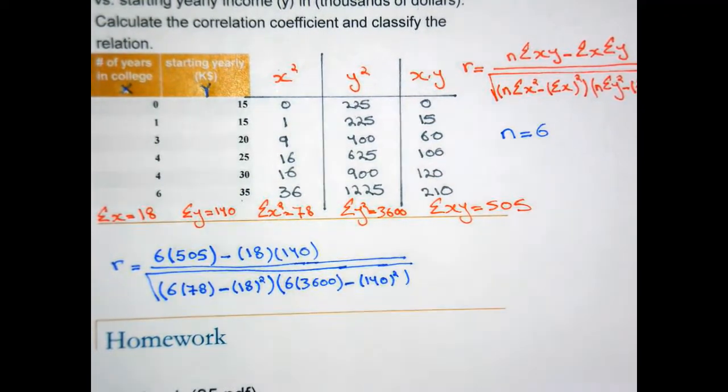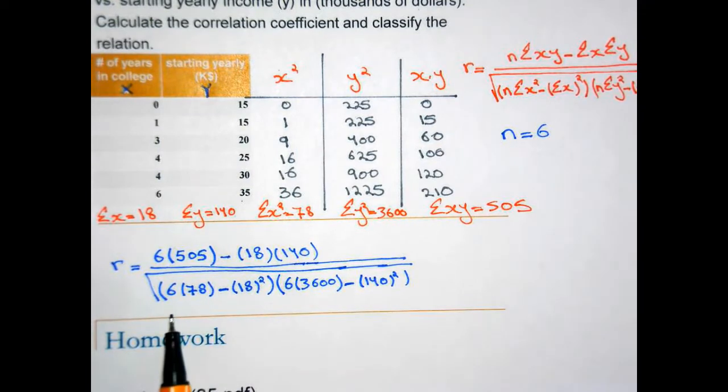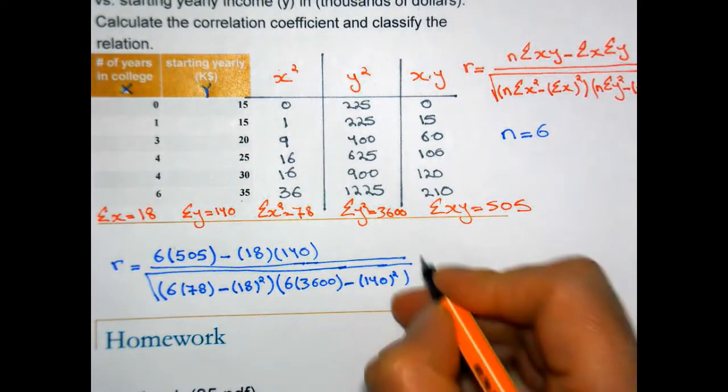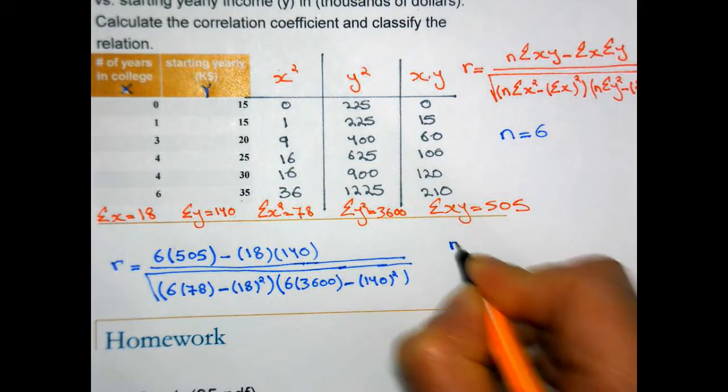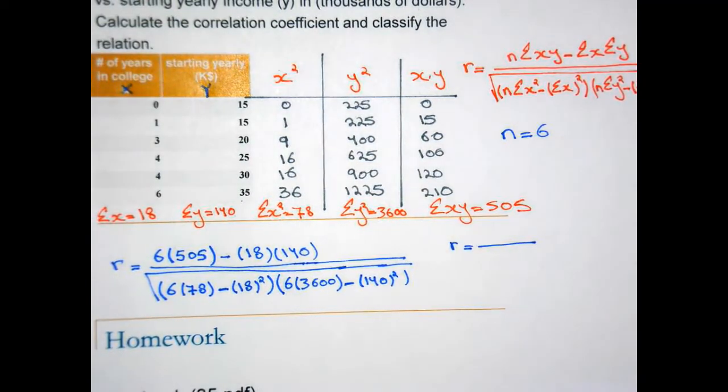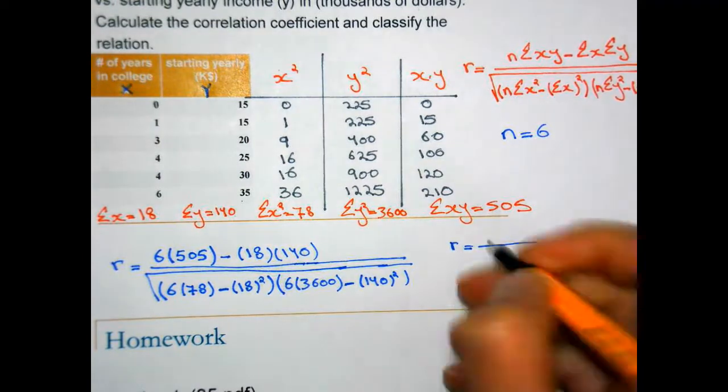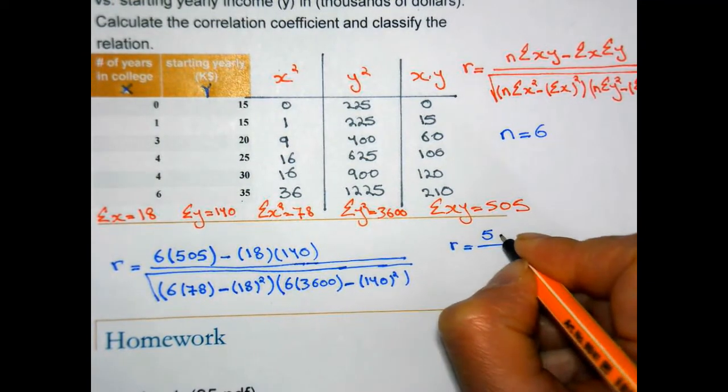Depending on what kind of calculator you have, if you know how to calculate properly, most scientific calculators can do this in one go, or some of you may end up doing the denominator first and the numerator first and then do the division. So I'm going to show you how to do it. If you do the numerator, you will get 510.